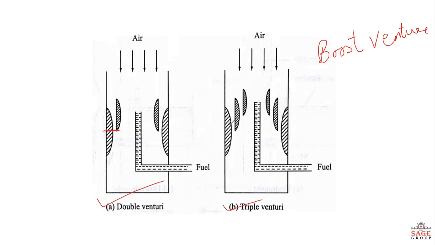This type of arrangement helps in creation of high depression, and at the boost Venturi throat, the velocity of air is as high as 200 meters per second. An annular blanket of air is formed. This blanket keeps the fuel droplets off the walls of the induction track.